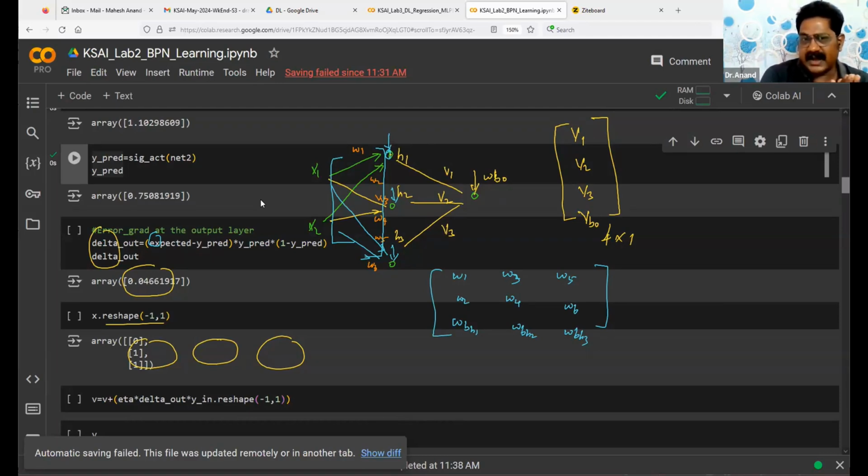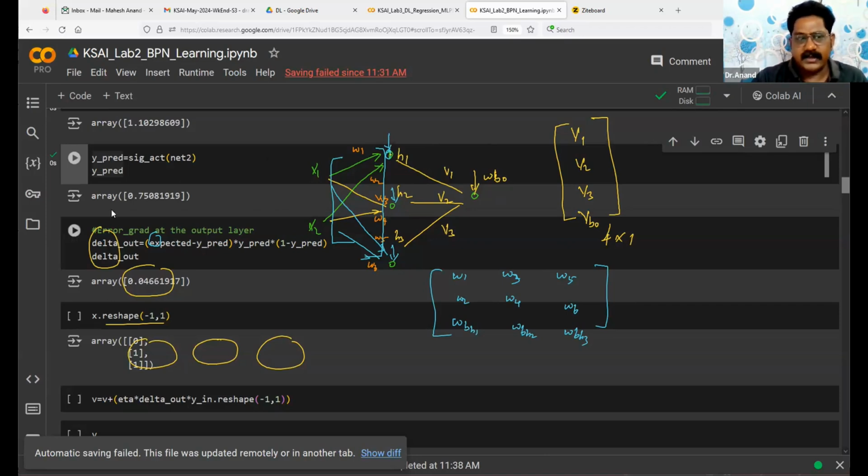We have successfully traversed our data from input to the hidden to the output. Now the next step is to calculate the error gradients. First step, output side error gradient. You know the formula: y minus y cap times y cap into 1 minus y cap.